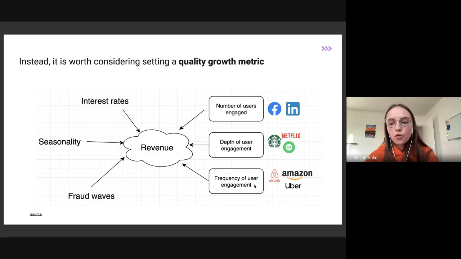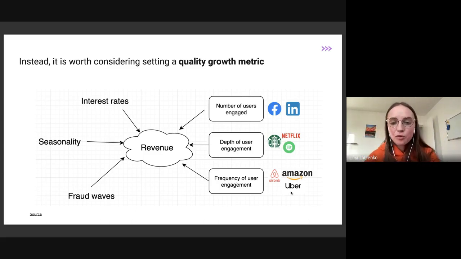And for platform-based products, here we can take an example of Uber, Amazon, and Airbnb. And maybe you have a marketplace or platform-based product as well. This is frequency of user engagement, which demonstrates value both to the person who sells an item and to the person who buys this item.